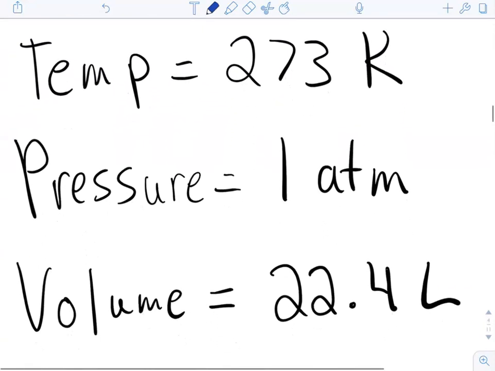Pressure is 1 atmosphere, which is ATM. And then volume is going to be 22.4 liters. We are going to be using the 22.4 liters in our conversions, but you need to be aware of STP and what it stands for, as well as what it is.